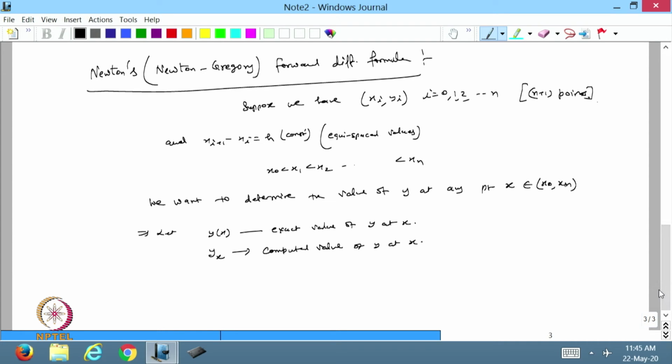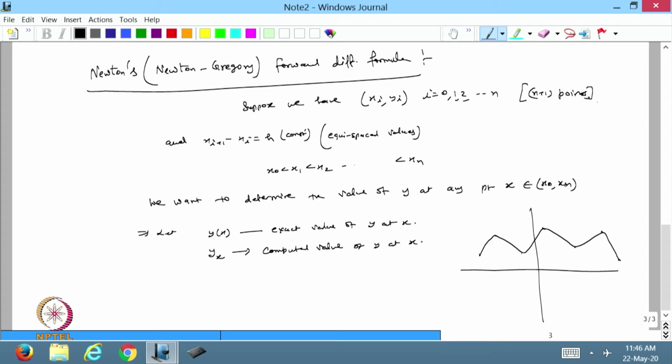It means that I have some data given to me, and based on these values I will write an interpolating polynomial. So, this is my interpolating polynomial, and now I want to find the value of y at any x.